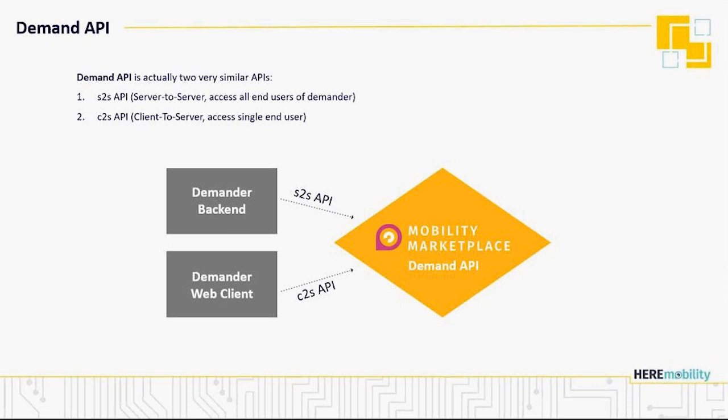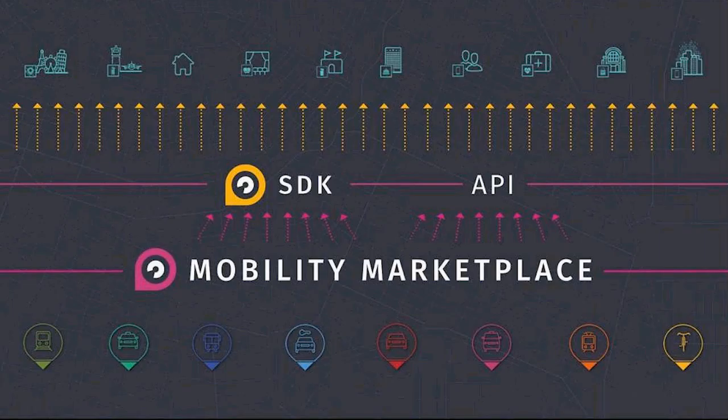But what happens when you want your backend to act on behalf of multiple users? For that, we provide a server-to-server API. A server-to-server API allows you to access all your users. It uses a different authentication mechanism, which would not be secure to use in a client. So use it in the right scenario.